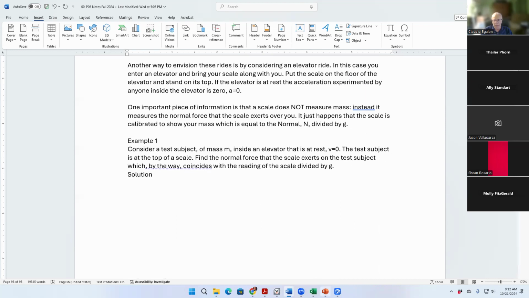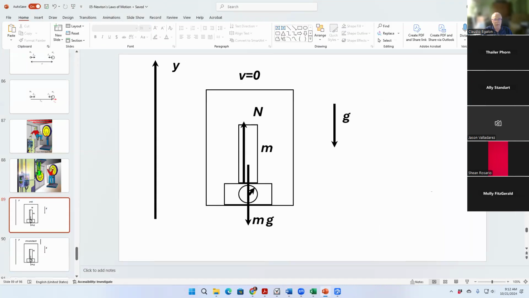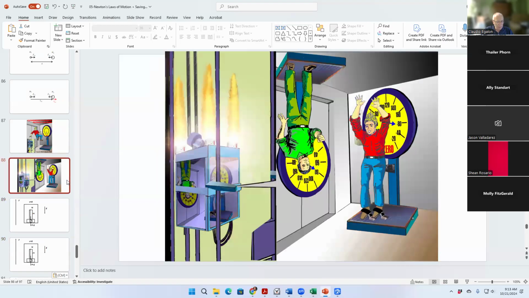So let's go back to our scale right in here. We're doing a free body diagram. The free body diagram is going to look at the forces that are being applied only on our test subject. Scale at rest.